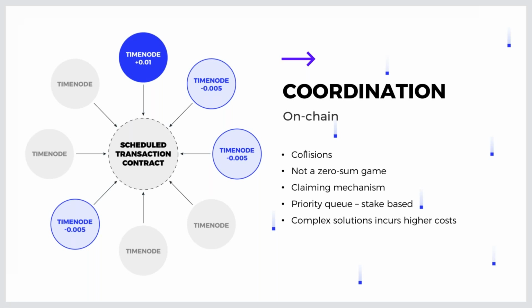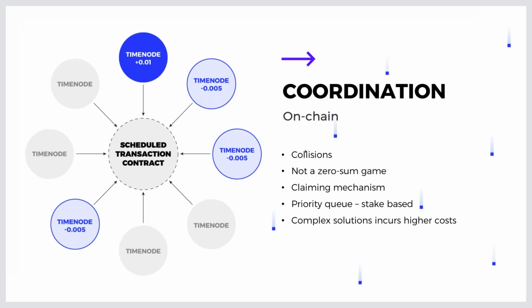It's called the claiming mechanism, which allows the executing agents to pick the profitability point. Assuming those agents are rational, they won't claim a transaction that is not profitable for them. And because everyone has a different running cost, it just helps us avoid collisions.